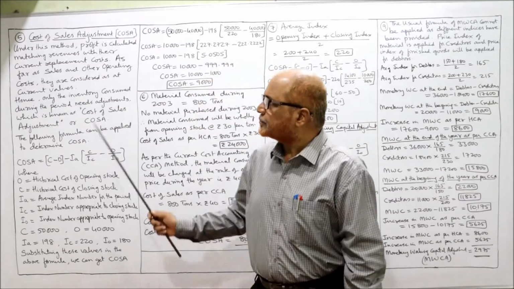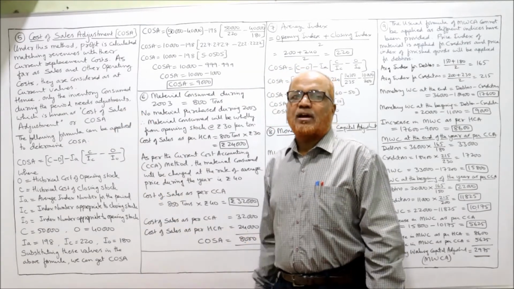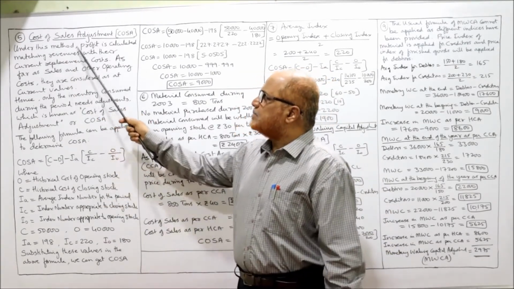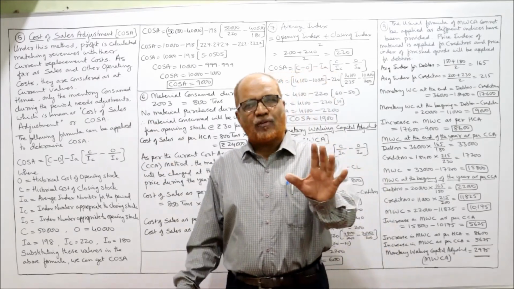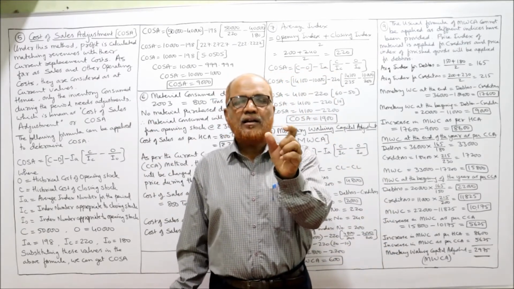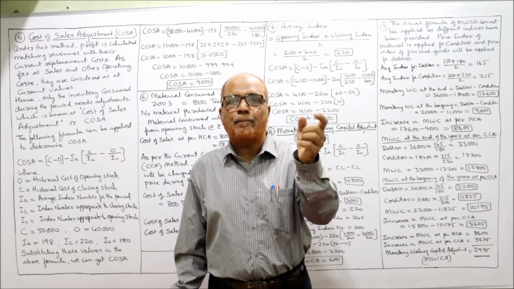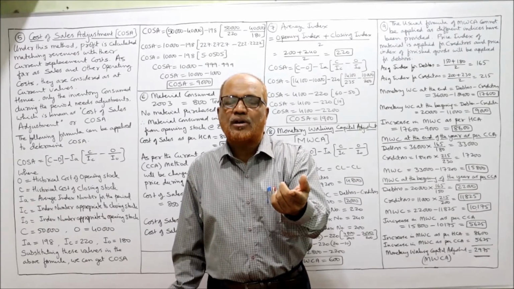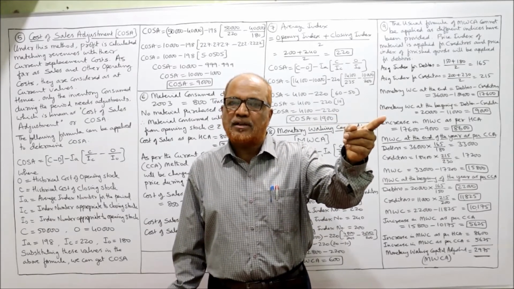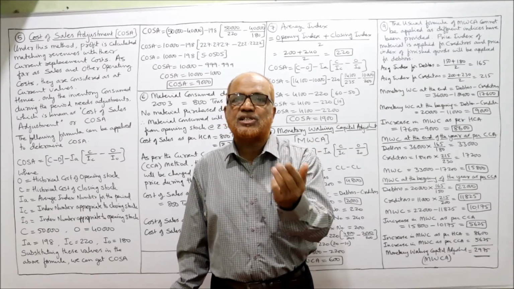Now see, some explanation regarding COSA. Under this method, profit is calculated matching revenue with the current replacement cost. First of all, CCA, the current cost accounting method, is a method which is applied to restate the financial statements from the historical method to the price level changes method.